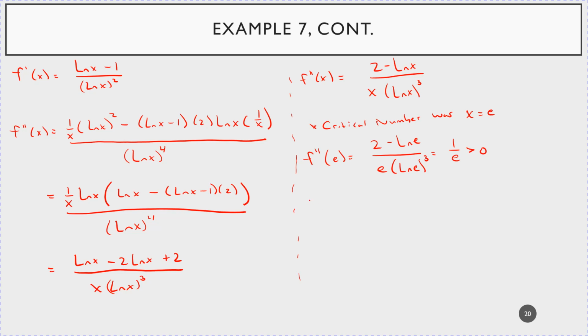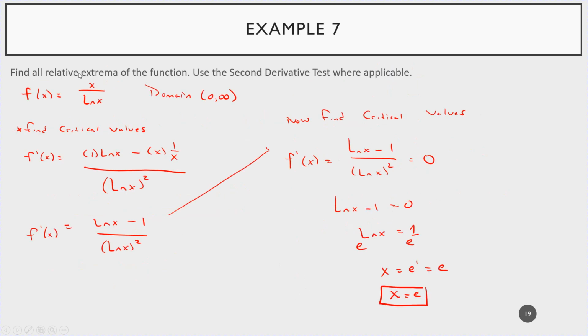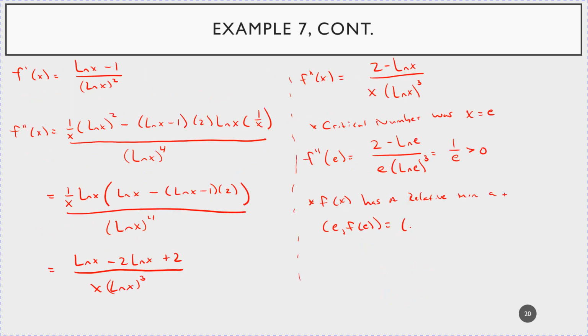So what we know here is that when it's greater than 0, the function has a relative min at the point e, f of e. If you look back here, what is f of e? That's just e over ln of e, which is e over 1, which is just e. So the point is e comma e.